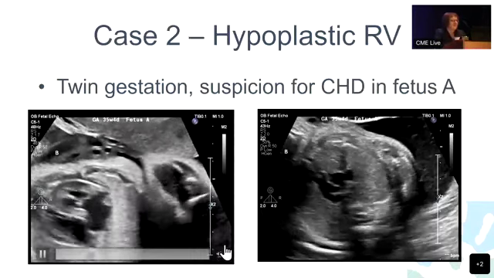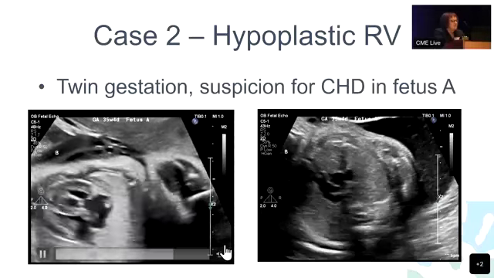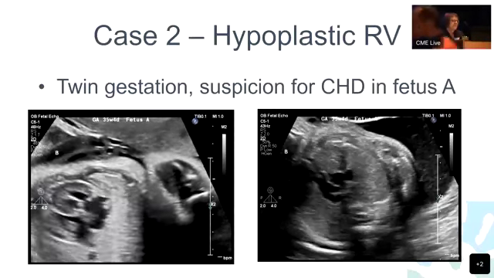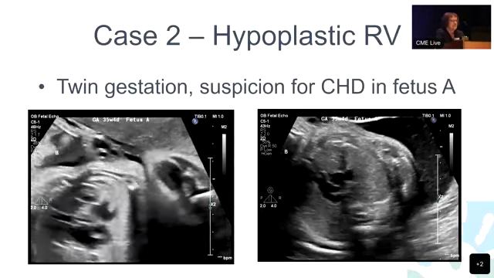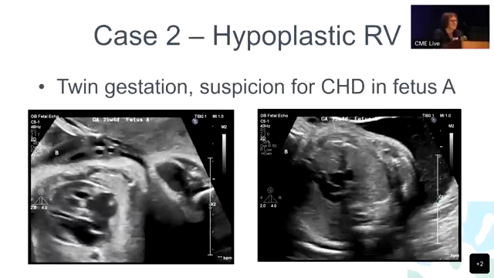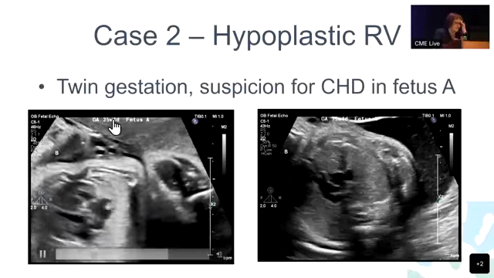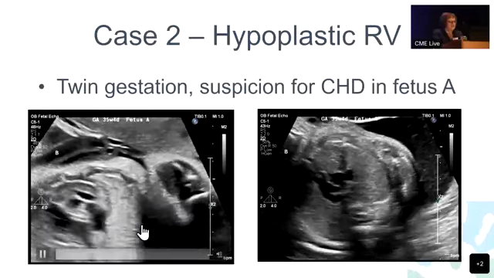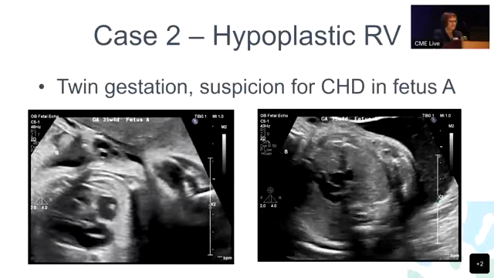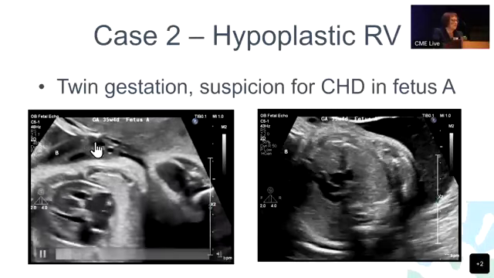This is a case of hypoplastic right ventricle. This was a twin gestation that was referred for suspicion for congenital heart disease in fetus A. So this is actually late gestation. We followed her throughout the whole pregnancy, but for the sake of time, I showed only a few pictures from 35 weeks.